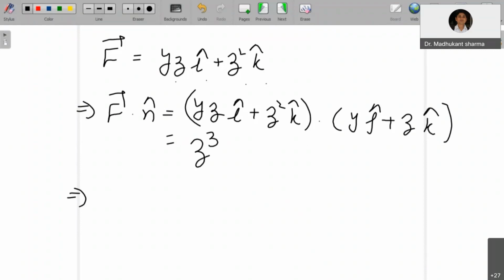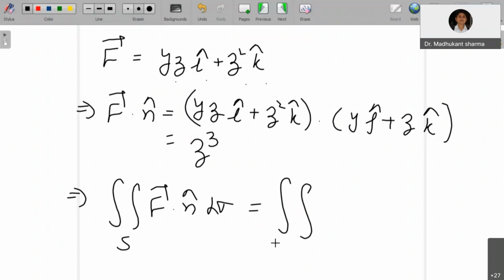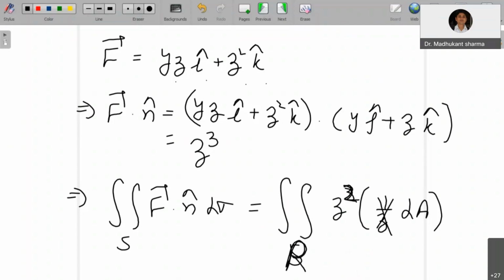So this implies the outward flux, double integral over S of F dot n cap dσ, is equal to double integral over S of z³ times 1 by z dA, so you have z², over this shadow region R. So what is z² on the surface?